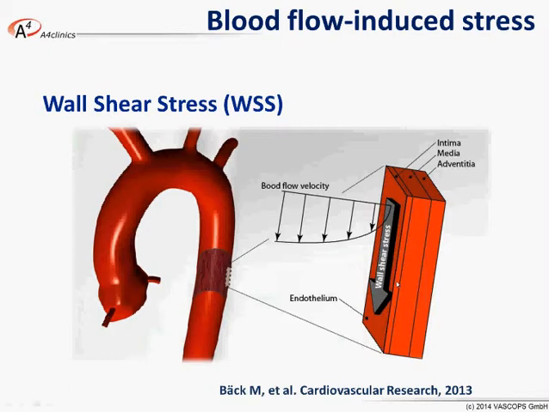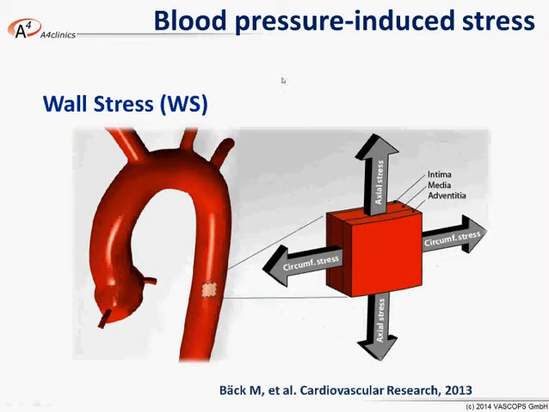Today we're not going to talk a lot about blood flow-induced stress. We're going to talk about blood pressure-induced stress. If you pressurize the aorta, like indicated here, then this blood pressure is translated into tensile stress along the circumferential direction and tensile stress along the axial direction.